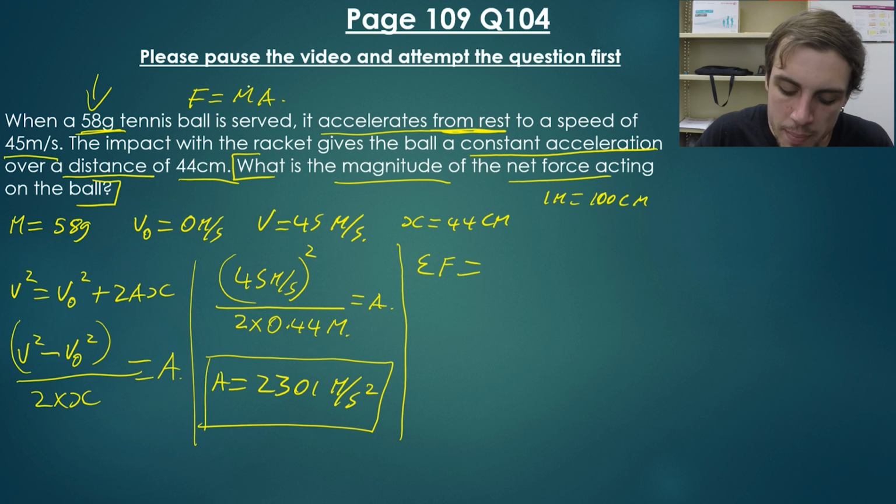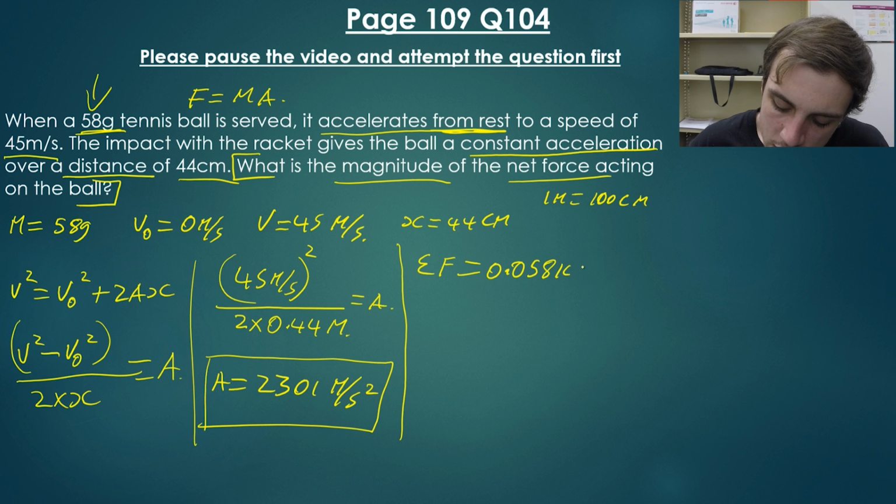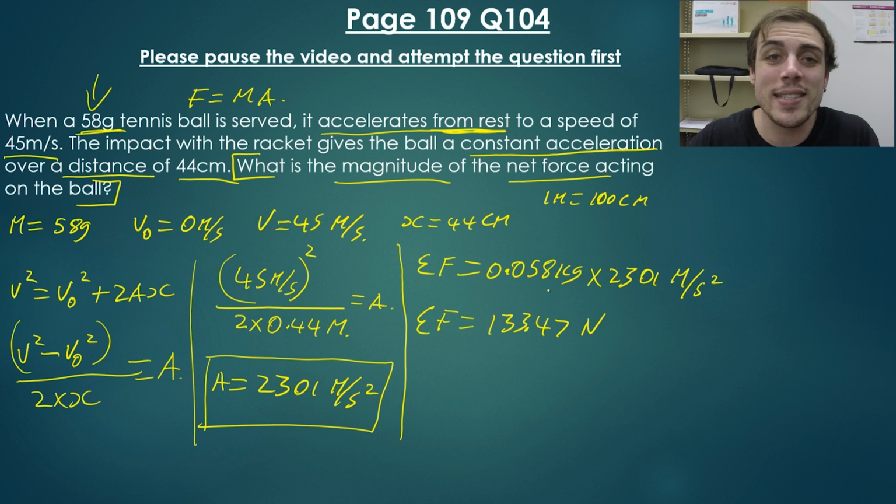But again, the mass needs to be in kilograms, so we convert it to 0.058 kilograms, multiplied by the acceleration of 2,301 meters per second squared. We multiply these two values together, and we get a total net force of 133.47 newtons.